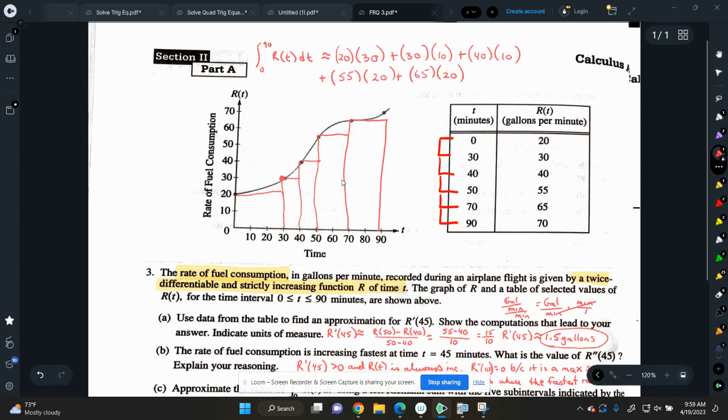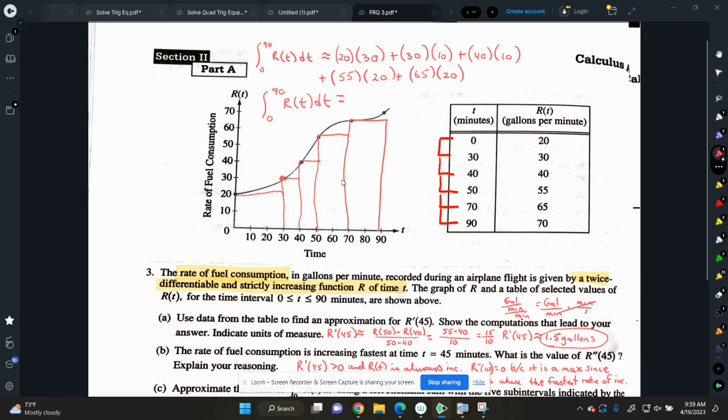Okay. So let's say you have this problem. Part C would probably be worth 3 points. They're probably going to give you a point just for setting that up. Then you're probably going to get another point for getting the correct answer. So what did we get there?